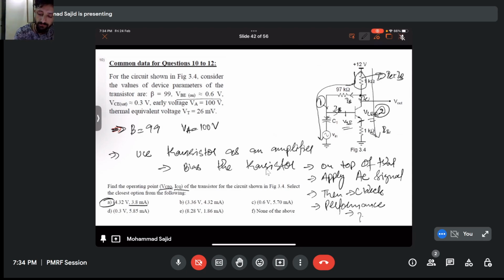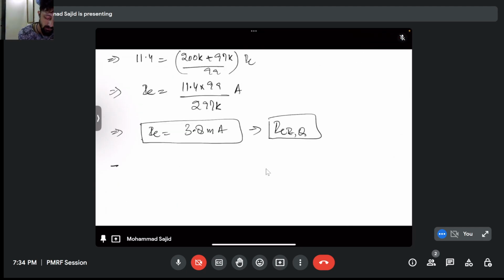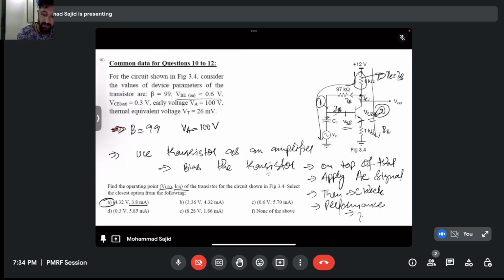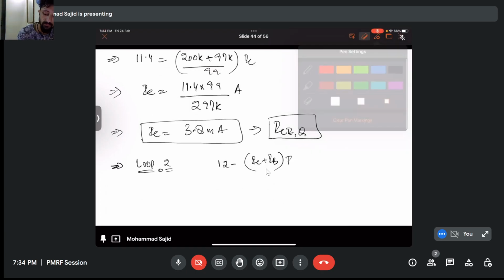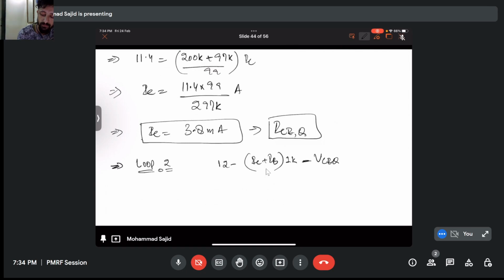Now to find VCEQ, if I go through loop 2, what I can write is 12 minus (IC plus IB) times 1K, minus VCEQ, minus 1K times (IC plus IB).